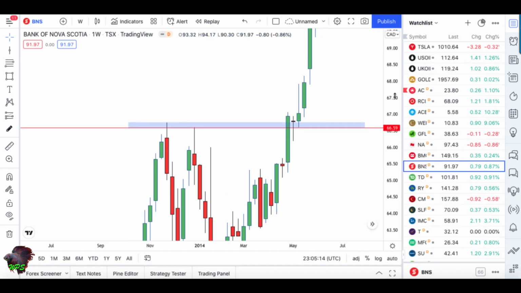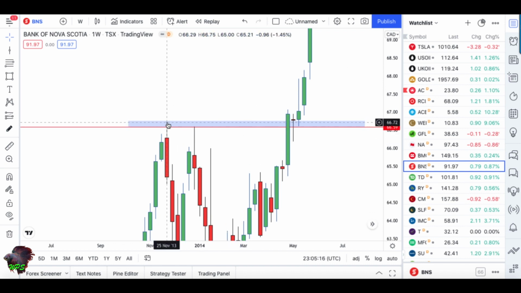You can see here the top of this candle and this candle here. This gray area basically is the area. It's not one perfect line, which is 66.59, but the most important area for us is this gray area, okay? So these tops, right? We can see that the market was there and clearly rejecting this area, okay?